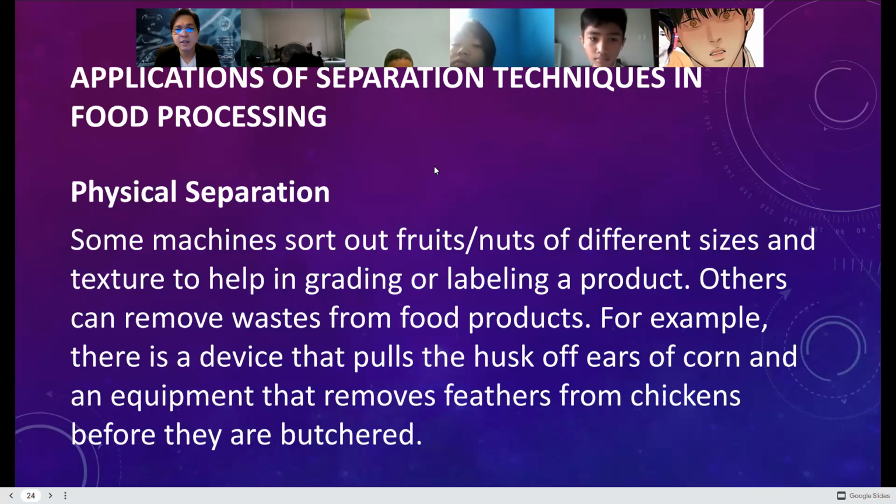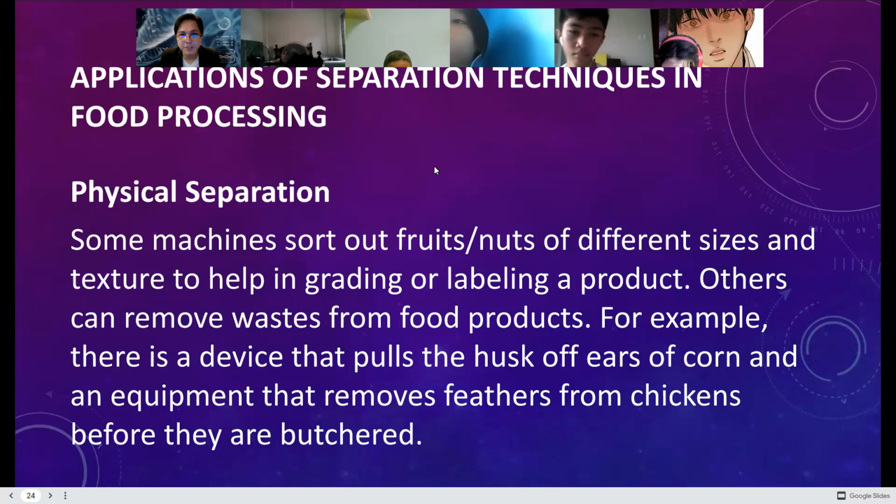Some machines sort out fruits and nuts in different sizes and textures and help with grading or labeling the product. Okay, this is common. Others can remove waste from food products. For example, there is a device that pulls husks off ears of corn and equipment that removes feathers from chickens before they are butchered. That is physical separation. You can actually see it directly. Physically, you can separate it.